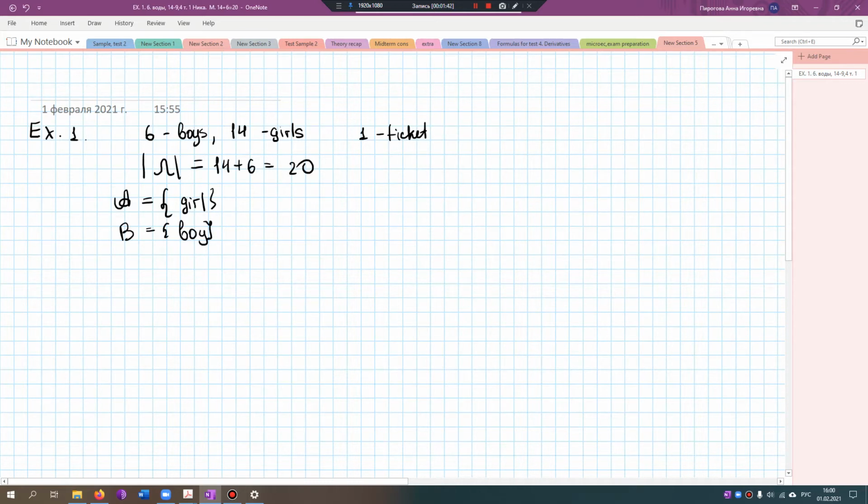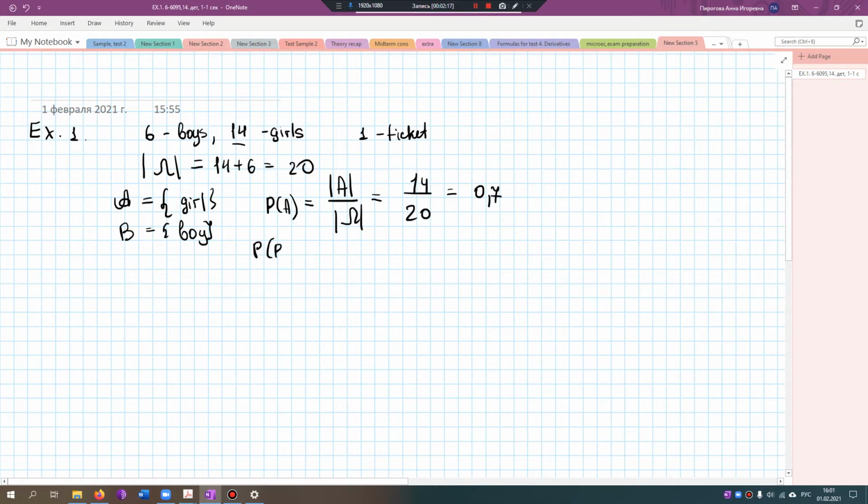So how do we find the probability of event A? We need to divide the size of A by the overall size. So we have 14 girls and overall we have 20 people. So our probability will be equal to 0.7.